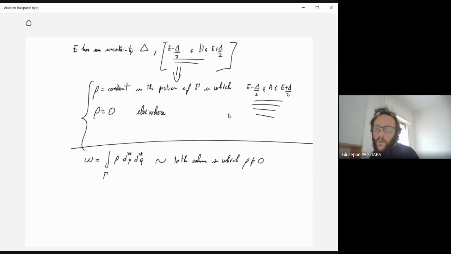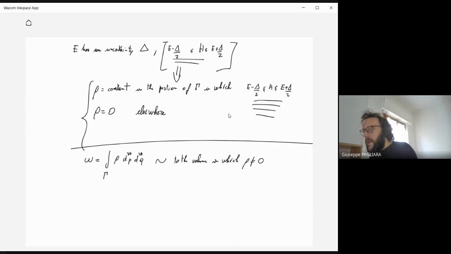Rho is integrated over all the phase space, but since rho is finite in some region and 0 outside, this omega, apart from a constant of normalization, must be proportional to the volume in which rho is different from 0.